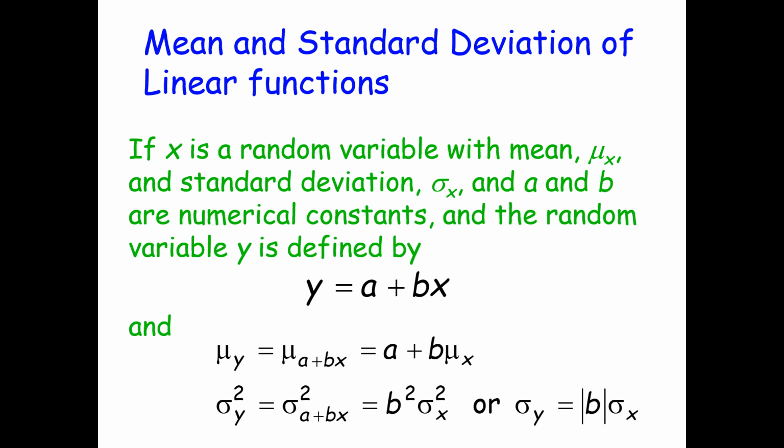That would give us b squared times sigma squared sub x, or sigma sub y equals the absolute value of b times sigma sub x.